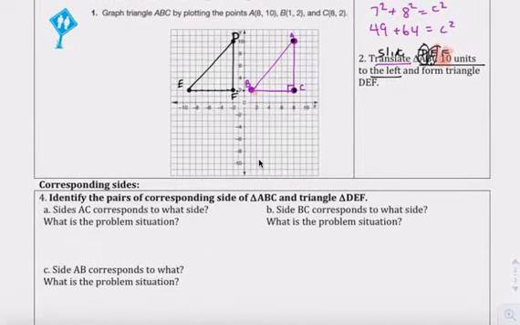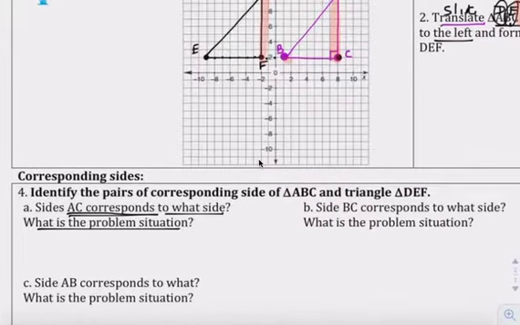Side AC corresponds to what side? AC corresponds to this DF. What is the problem situation? The problem situation is to identify the same side.